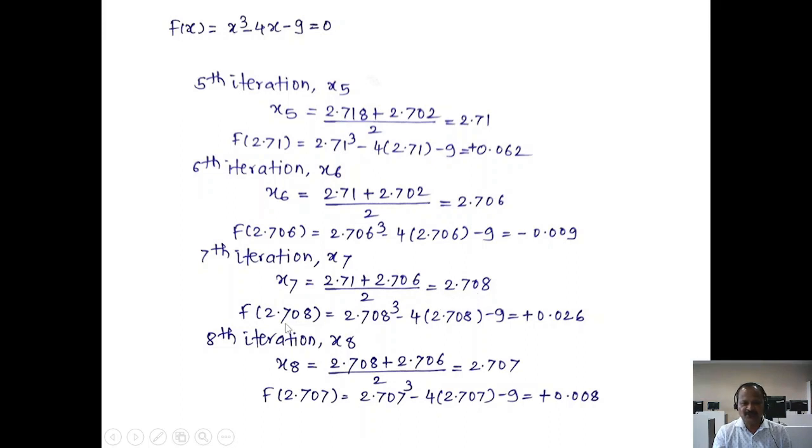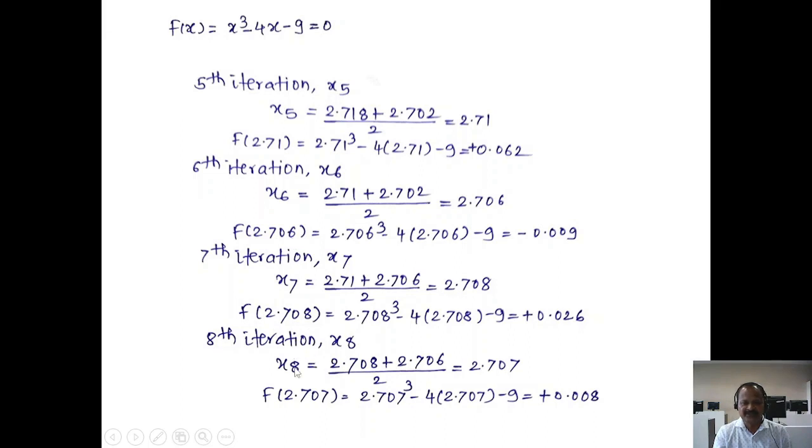Again, this value you have to put in the equation. So f of 2.708 is equal to 2.708 cube minus 4 into 2.708 minus 9, which is equal to plus 0.026. Now this is a positive value, for 2.708, and the negative value is for 2.706.